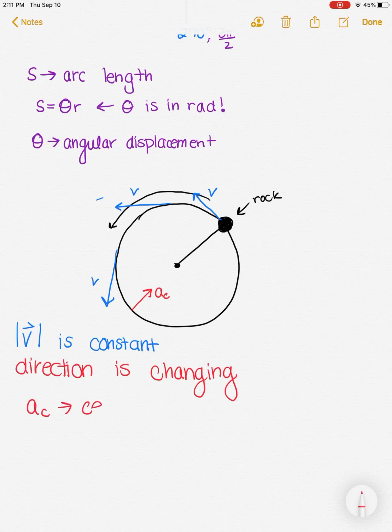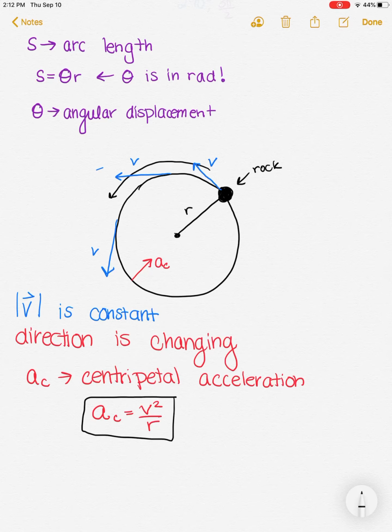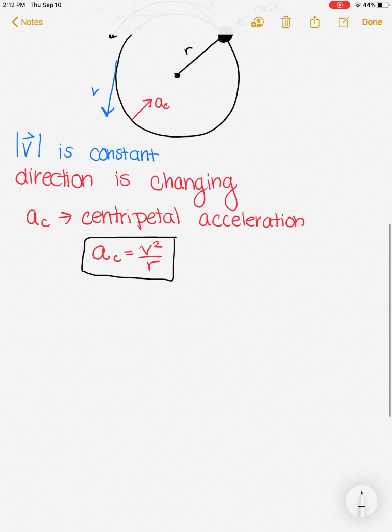So we have acceleration. And so a_c is the centripetal acceleration. And we can calculate it by using v squared divided by r. So this is one of the main equations of today's lecture. So this is our r.